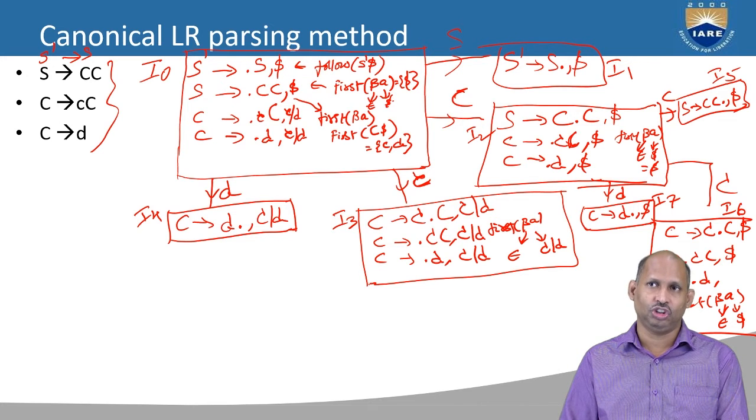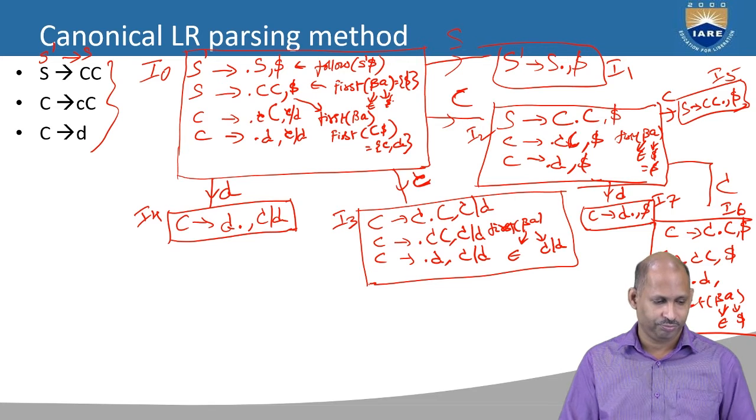Now I3. What are the symbols followed by dot? Variable C, terminal C, terminal D. So there will be transitions on these symbols.